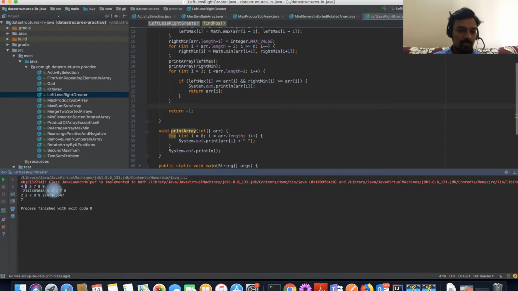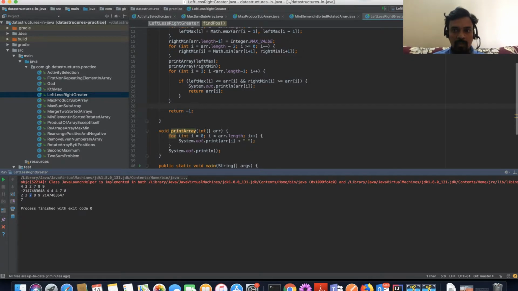So the next is 4 less than or equal to 2, no. Or 2 less than or equal to 4, no. And 7 greater than or equal to 7. So hold on for a second.